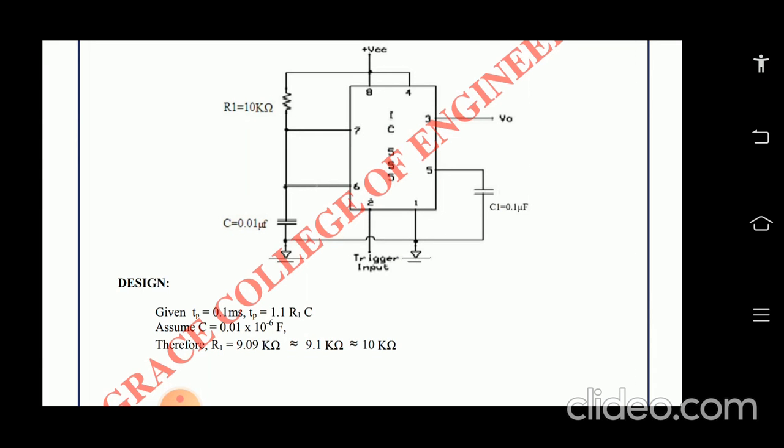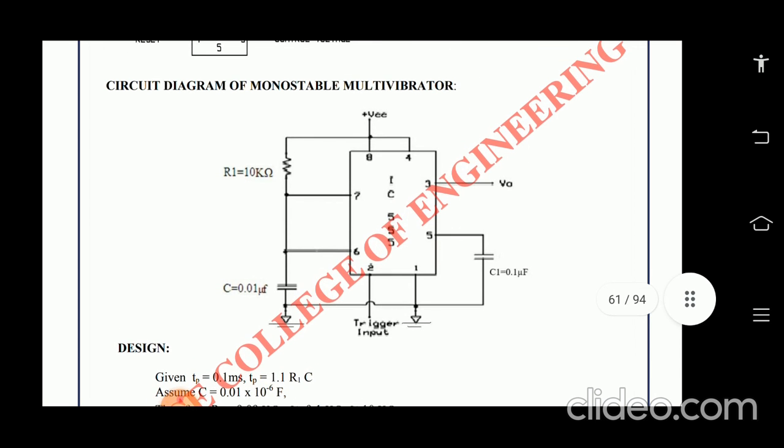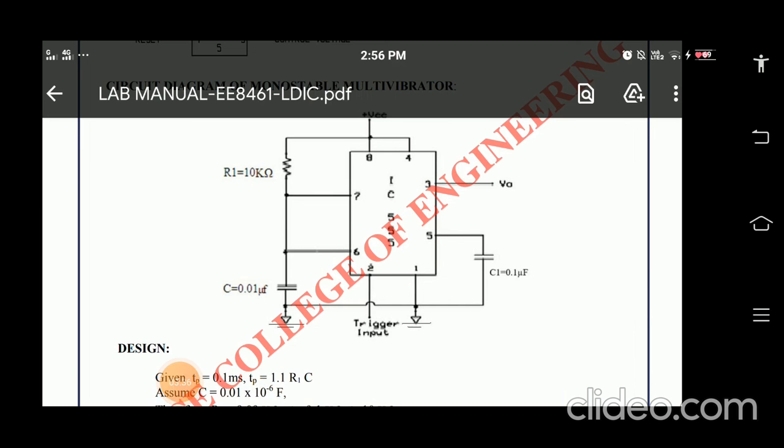The procedure for this circuit diagram is, we need to give the connections as per our circuit diagram, and give the supply voltage of 5 volt to our timer IC, and a negative trigger pulse of 5 volt, 2 kHz is applied to the pin of the 555 timer.